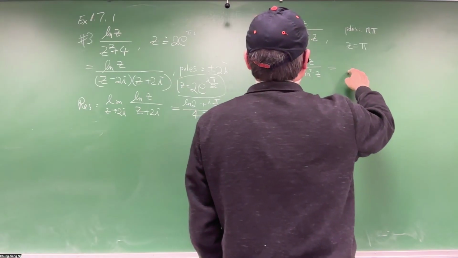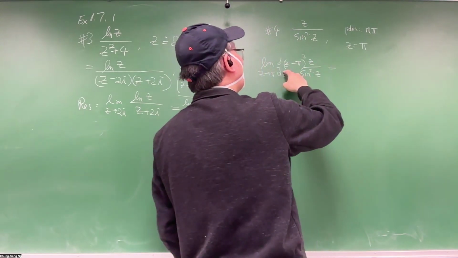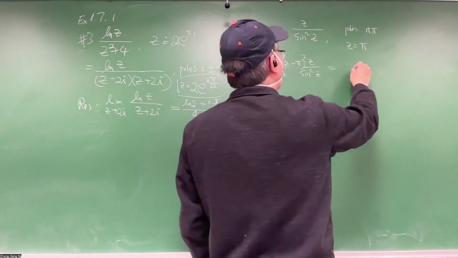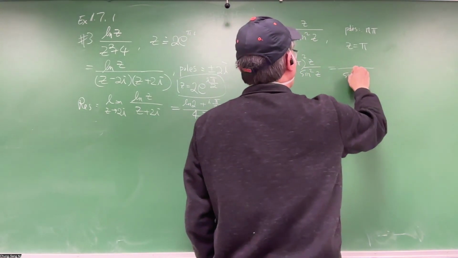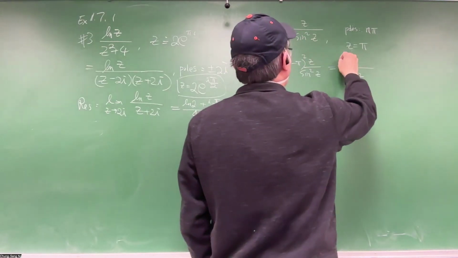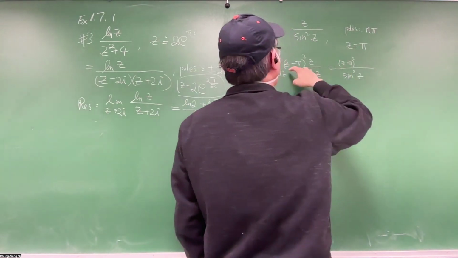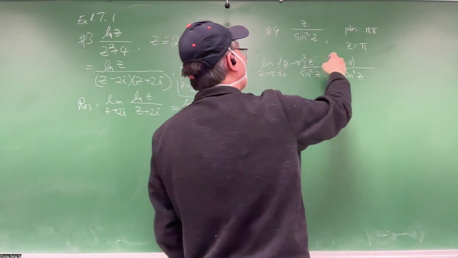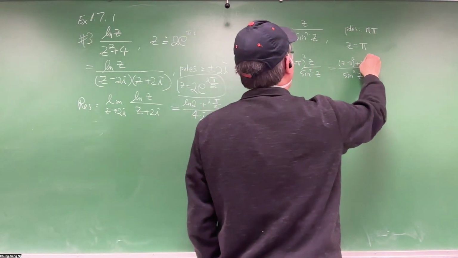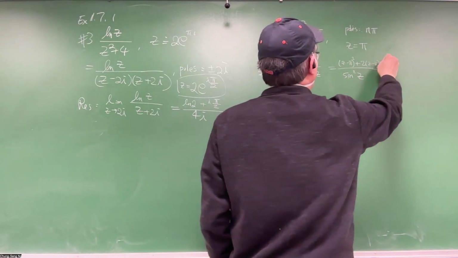The derivative is first take the derivative of the numerator, right? The numerator you have first derivative of this, z minus pi squared, the other is derivative of this one times z. Then that's 2 times z minus pi times z.